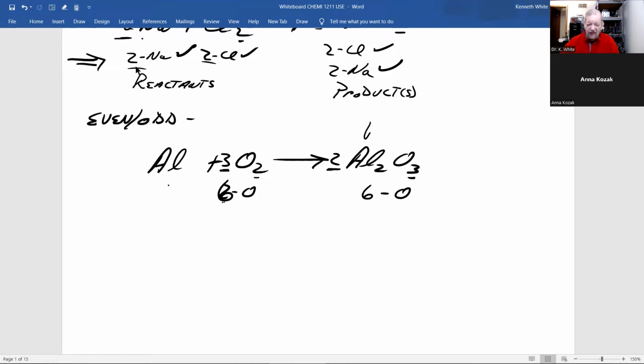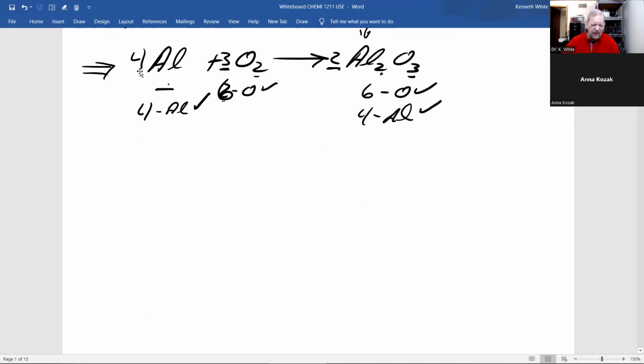But now if we look at aluminum, 2 times 2, there's 4 aluminum. But not on this side, there's only 1. So how do I get it to 4? I change the coefficient. 4 times 1, 4 aluminum. And now I'll check. 4 aluminum, 6 oxygen, 6 oxygen. This is now balanced. Now, one thing I've neglected to talk about, and let's do another reaction.